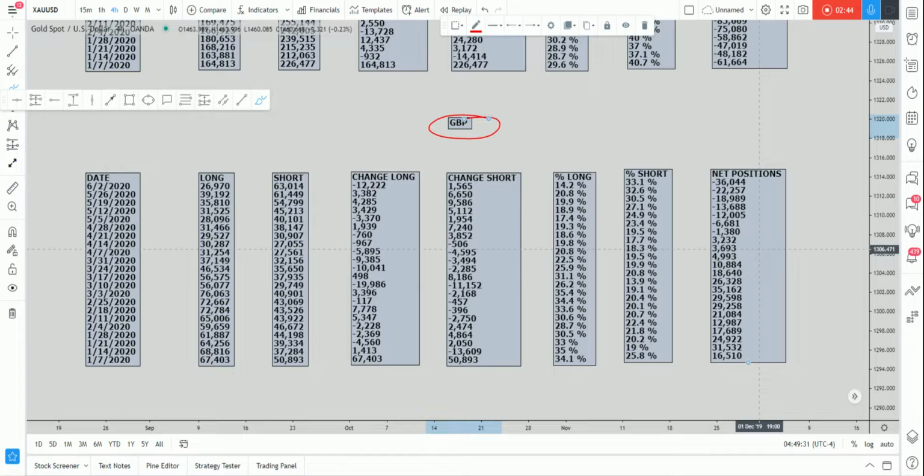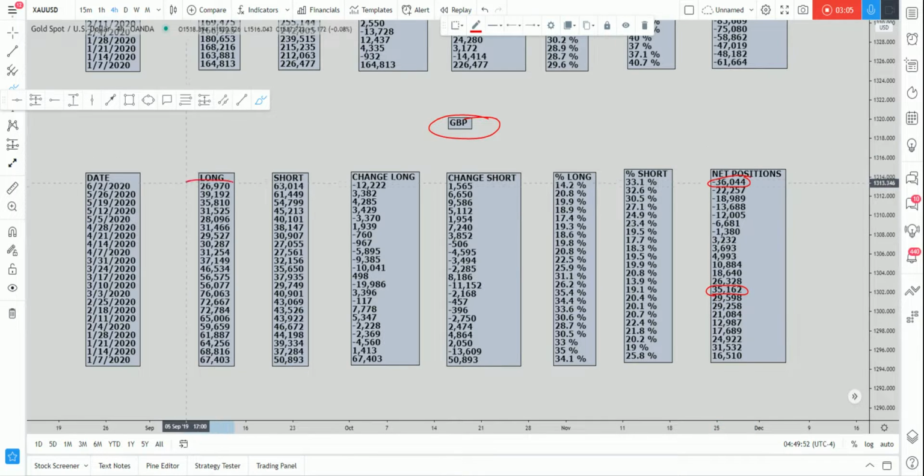Now, if we go and see what we have from a GBP perspective on the pound, from a hedge funds perspective, so the commitment of traders, what we can see is that from an institutional point of view, we went from having 35k net positions to having minus 36k net positions, meaning that we went from having way more longs than shorts on the pound to having way more shorts than longs on the pound.